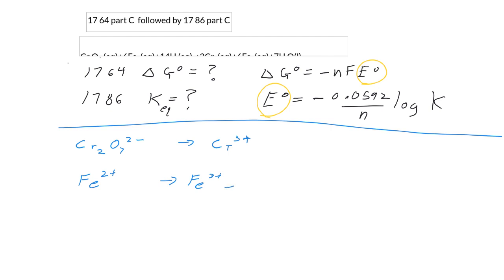I'm going to go ahead and do the irons because all you really need to do to balance there is add an electron. So finding that standard cell potential in your charts is really as easy as falling off a log.